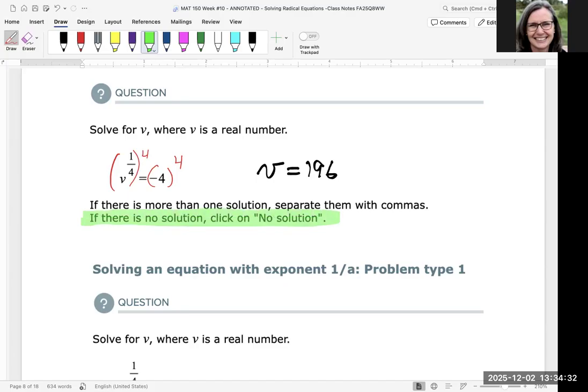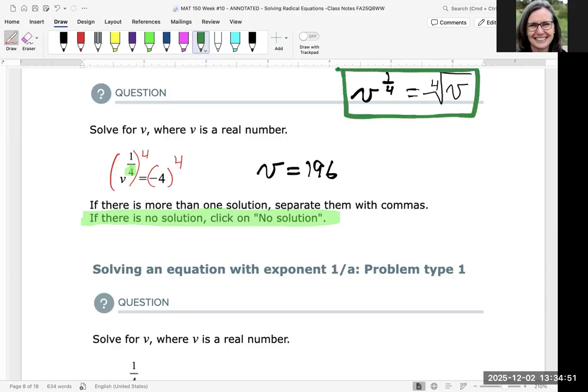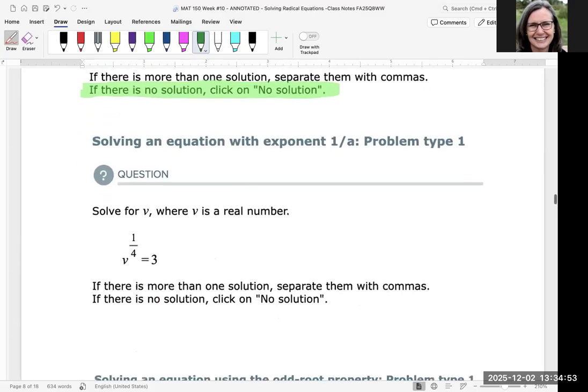We cannot take the 4th root. New thing you're learning this week, v to the 1/4 power is the exact same thing as the 4th root of v. Because these are the same, you can use whichever one you want, and we've already done that problem.